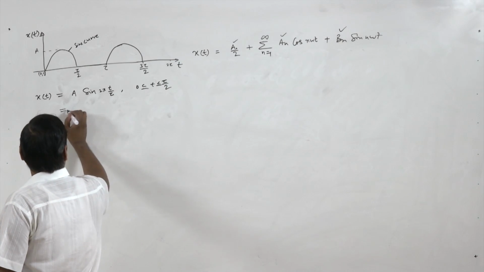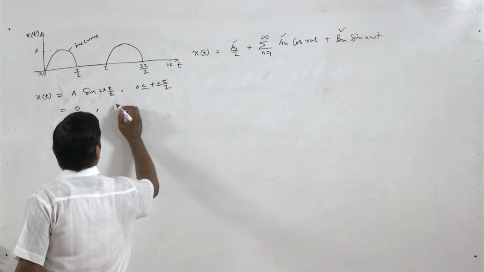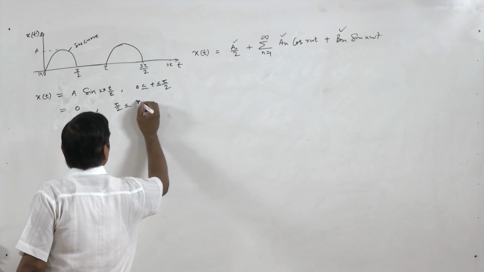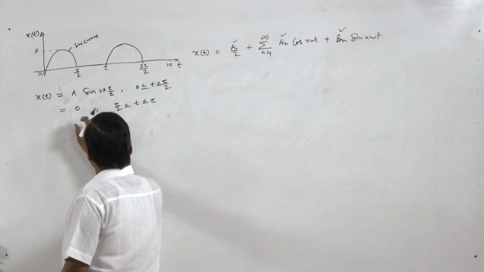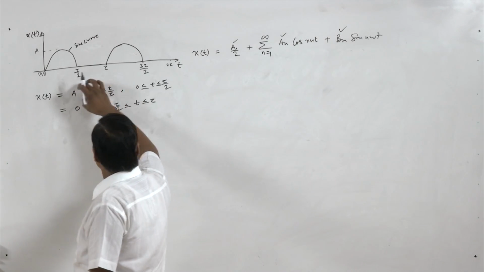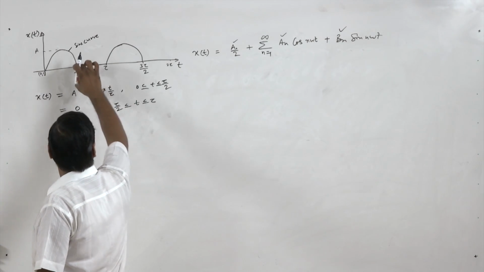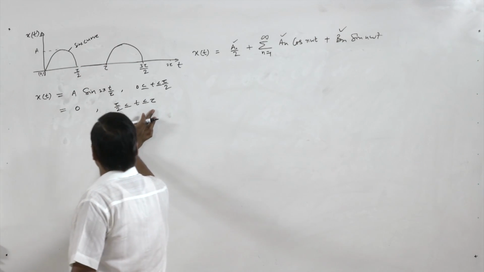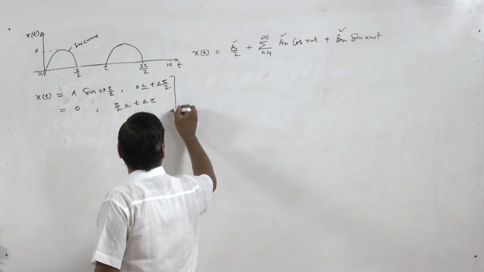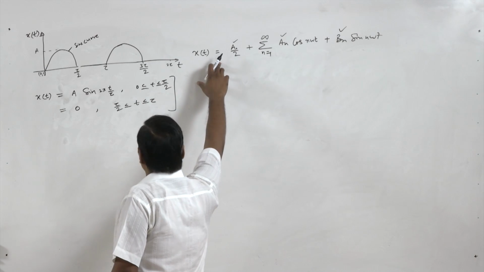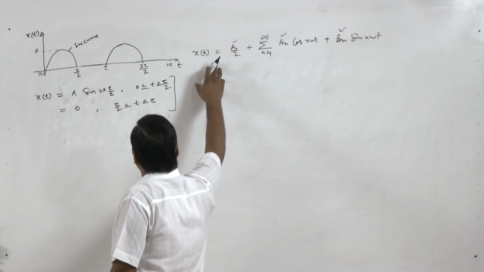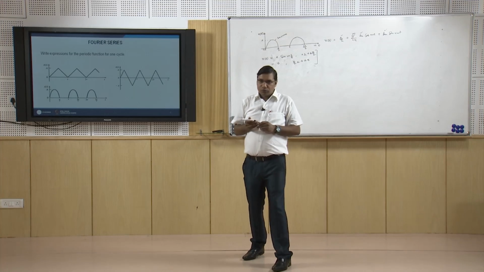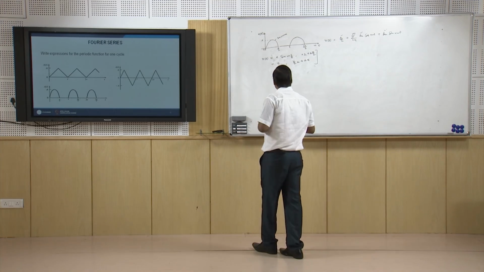Then it is 0 for the other half cycle, tau by 2 less or equal to t less or equal to tau. So it is a sine curve in the half cycle till tau by 2, and then again it is 0 for the other half cycle. So this is defined, and we can use this in this equation, find the coefficients, and represent this periodic function into harmonic functions.